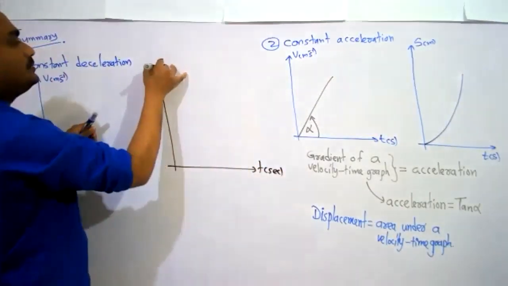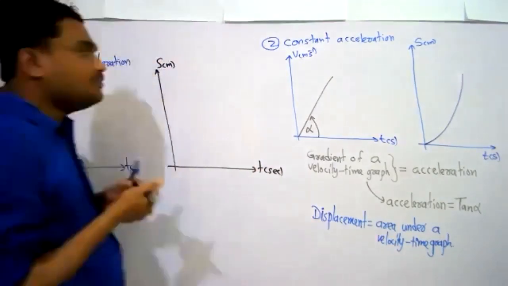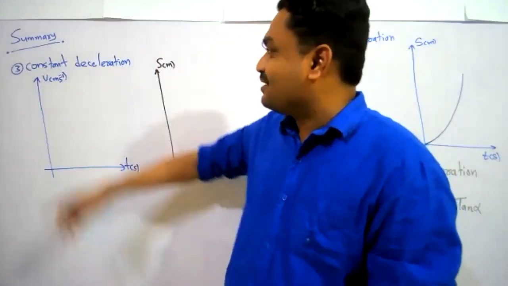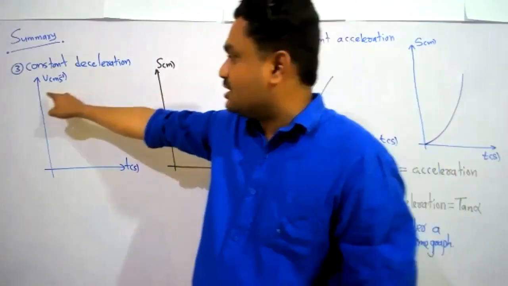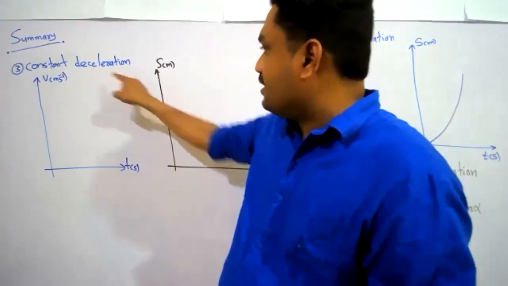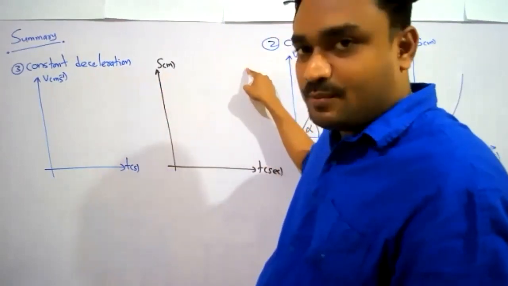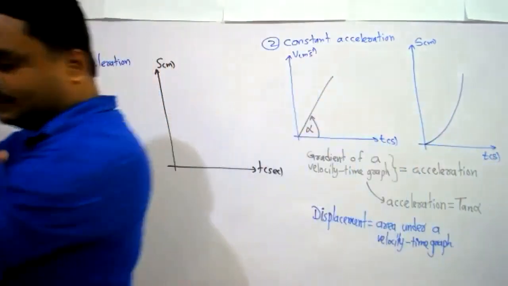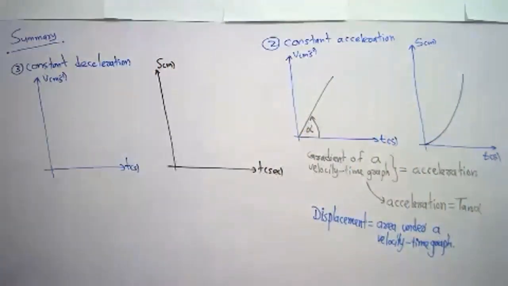That's what we are going to learn. Can you draw them without my help here? Do you remember your past? Check that you remember the constant deceleration shape in a velocity time graph and in a displacement time graph. You were trying to draw them before I draw them.